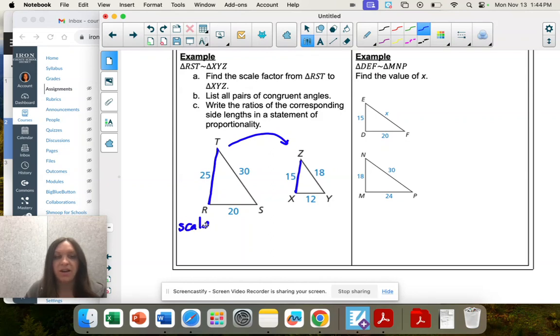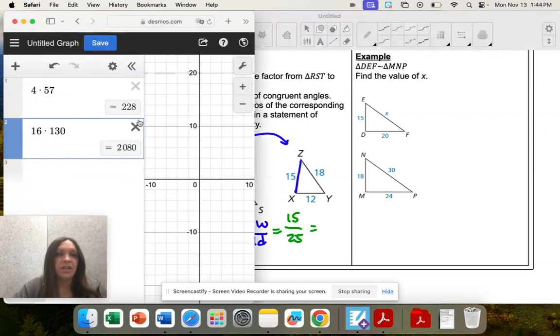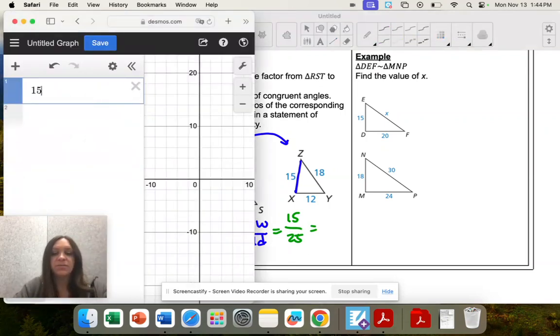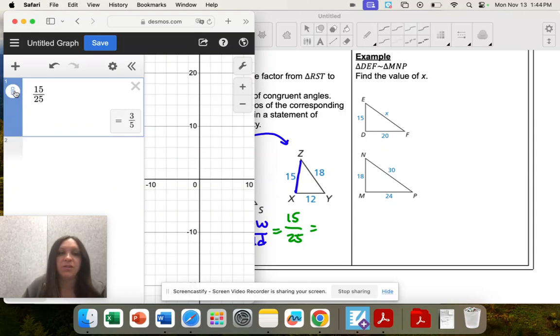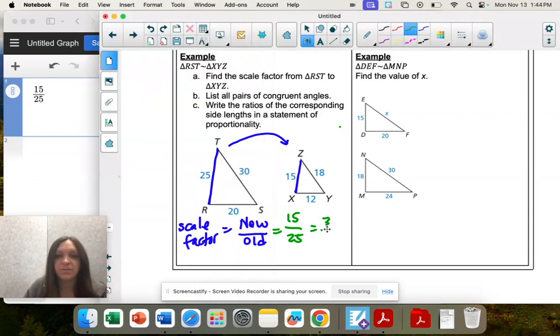So the scale factor we say is the new length, the dilated over the old. So I would take 15 over 25, and that's my scale factor. Reduced would be 3/5.